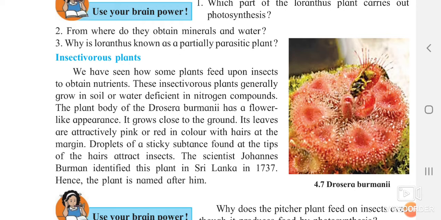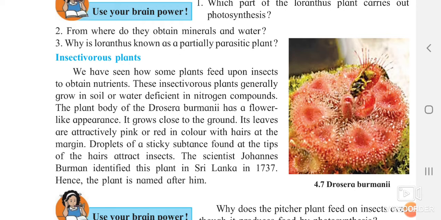Whenever an insect is nearby, it gets attracted to the color and the smell, and that is why it goes and sits on that flower. Later, the upper area of the flower is a little sticky, the insect sticks to it and cannot move from it, and these plants consume those insects.